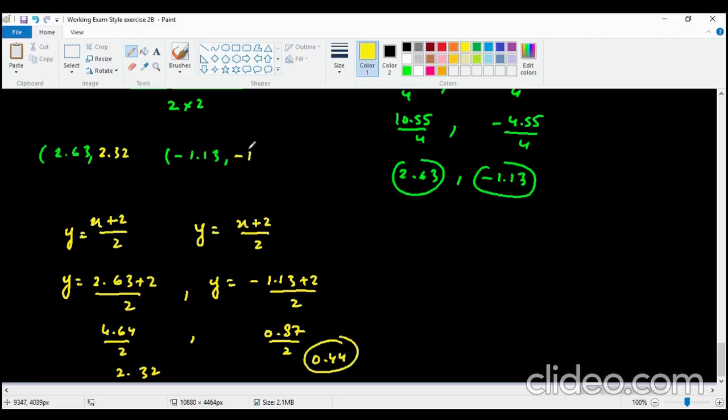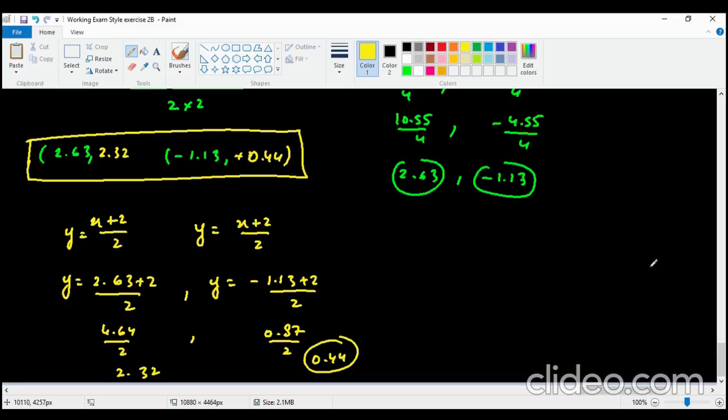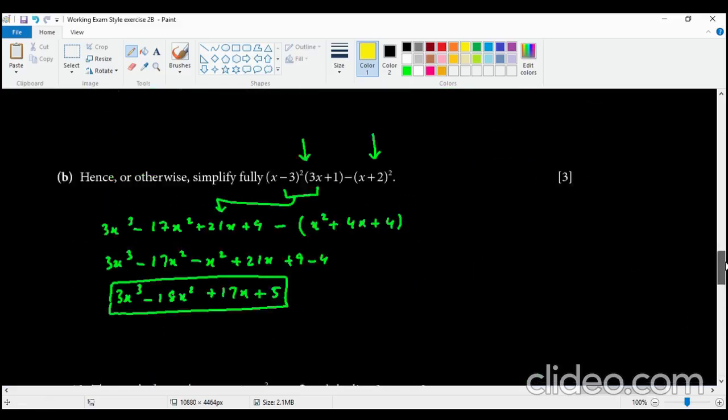So 0.44 is going to be the value. My bad. This is the answer for the last question, and there is no question left.